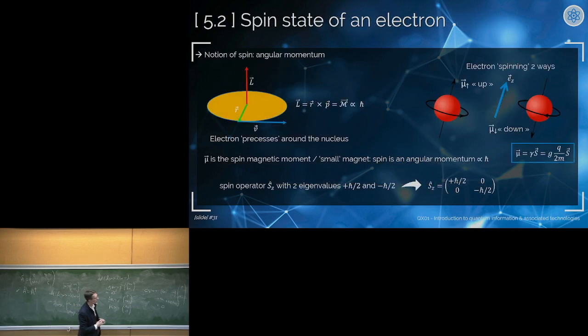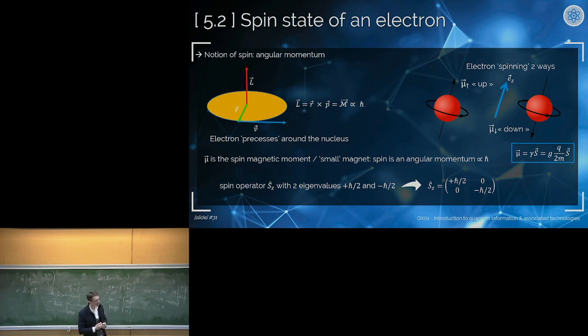So let's introduce now the second physical system that we're going to use, especially to illustrate these aspects. In particular, I want to talk about a property of electrons.